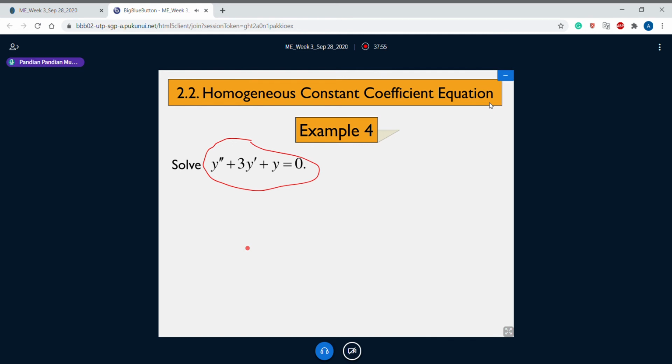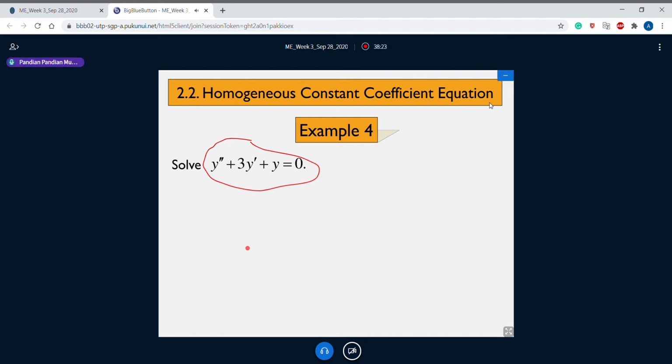So you write down the AE, auxiliary equation. Since your A is 1, A y double dash plus B y dash, B is 3, and C y, C is 1, equals 0. So your auxiliary equation is m squared plus 3m plus 1.